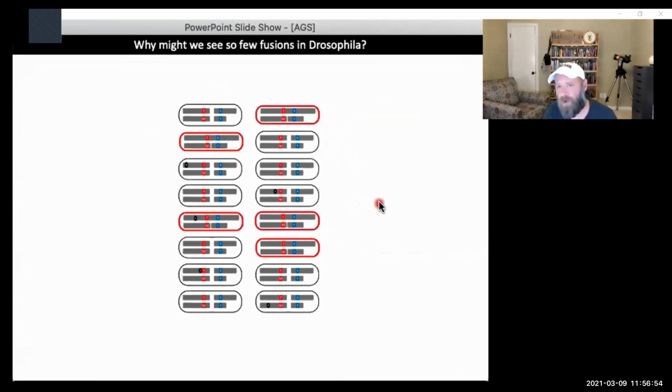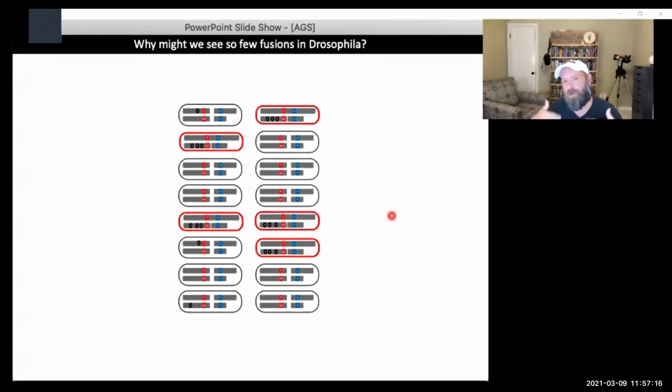If this happens on an X chromosome or on an autosome, those are going to still be recombining in females. And so they can be recombined out and you can maintain a high fitness chromosome. But when they occur on a Y chromosome, like this one that I'm showing you here, there's no recombination, so they can't be gotten rid of. And in a finite population, the expectation is that those will accumulate then.